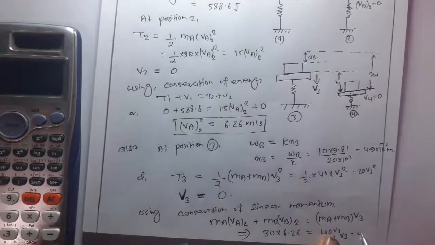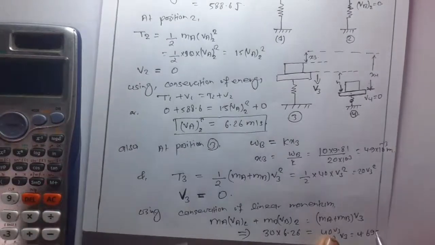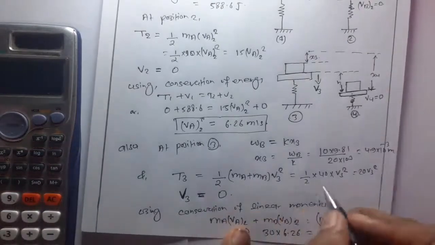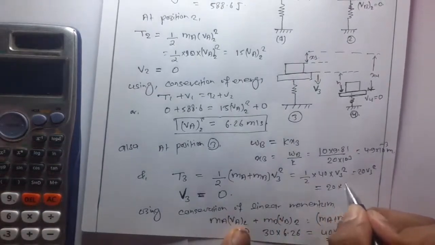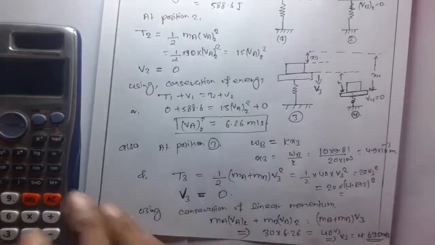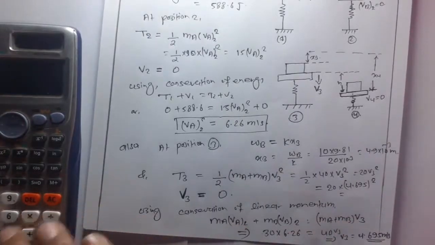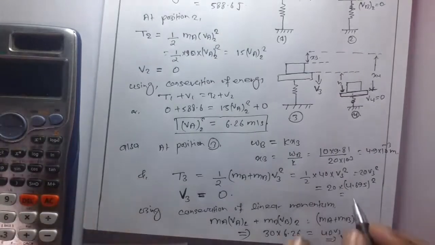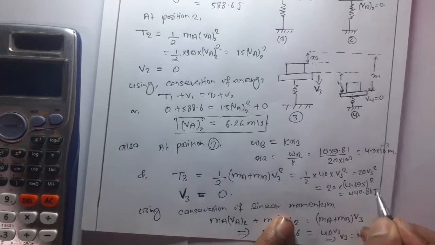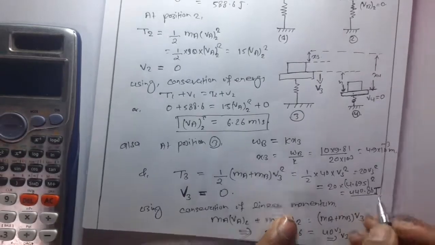So this is 4.695 meter per second. So T3 is equal to 20 into 4.695 whole square. So this is 440.86 joule.